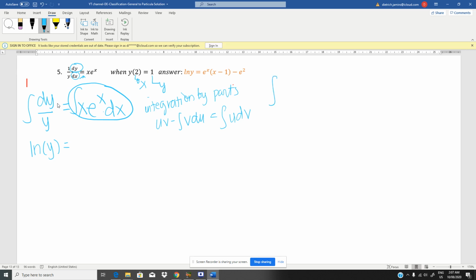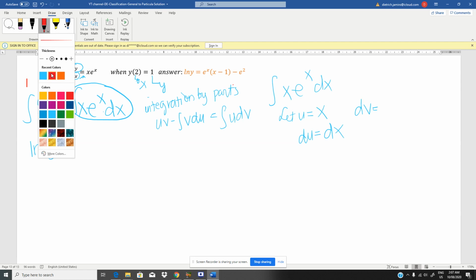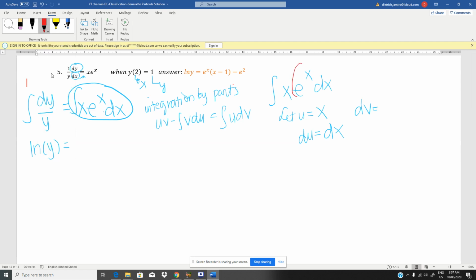So in this case, integrating x e to the x dx, we will let u be equivalent to x, and then the derivative of that will become dx. Then taking the dv, which is this part, e to the x dx.